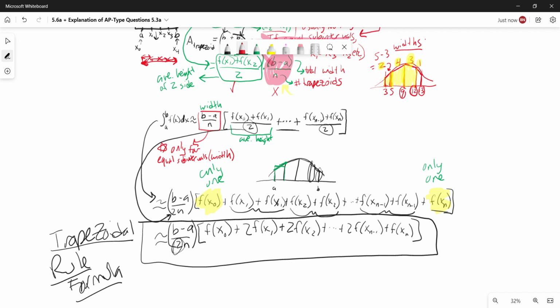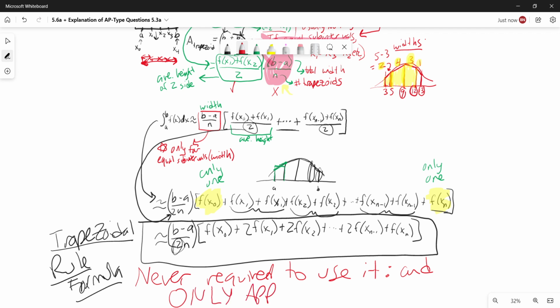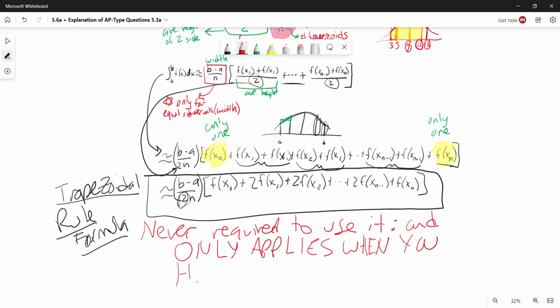So you're never required to use it, and it only applies when you have equal subintervals.